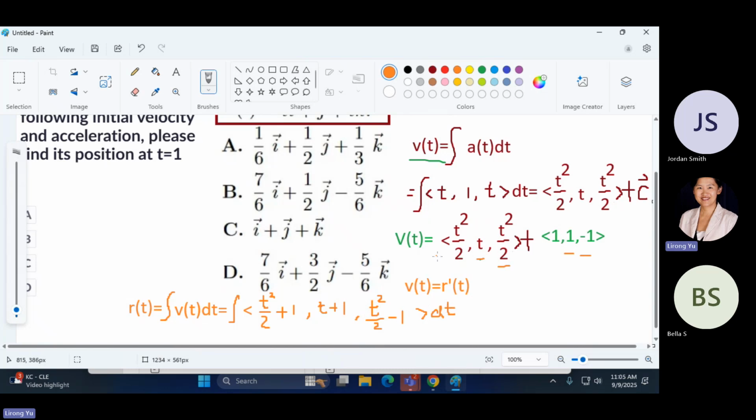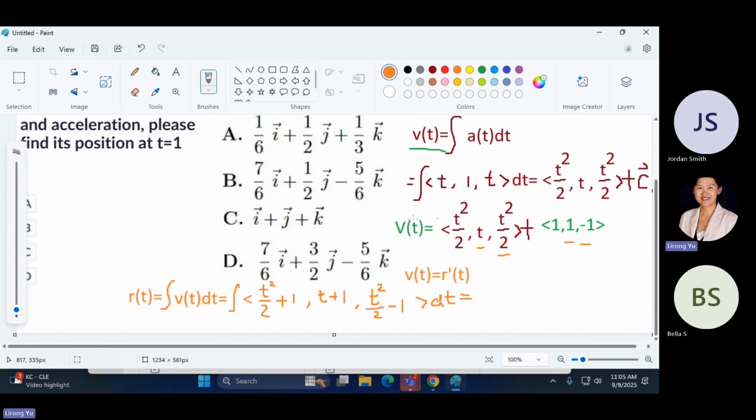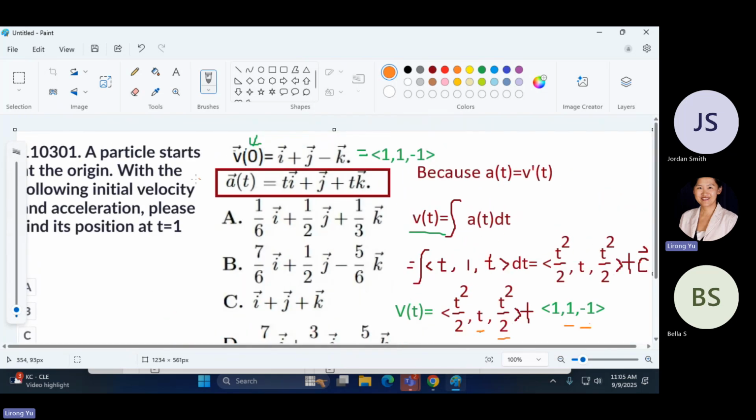So let's look at the integration. This is equal to, you can still see it, let's finish the integration. Remember the initial condition. It says the particle starts at the origin, which means the initial condition is 0, 0, 0.